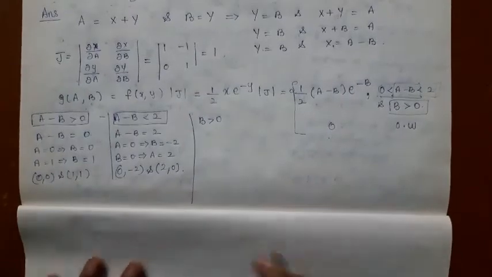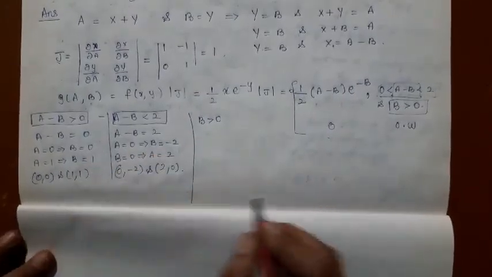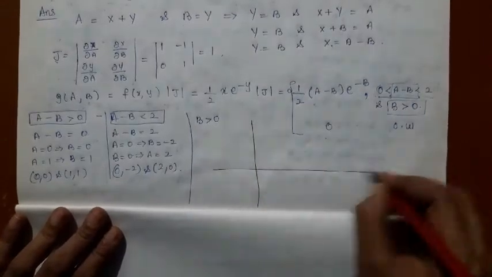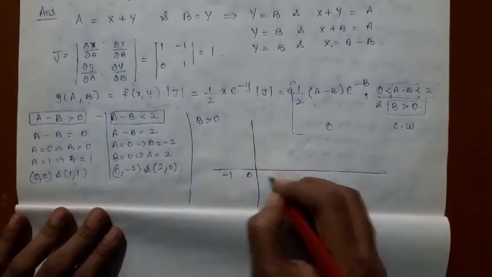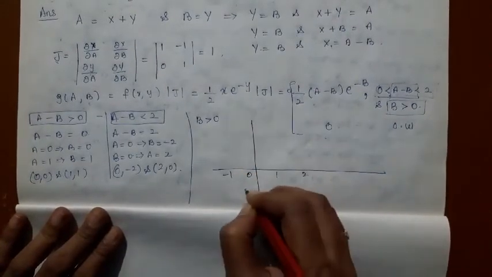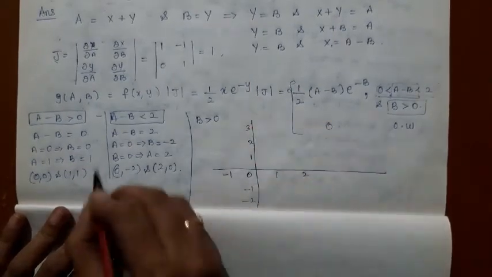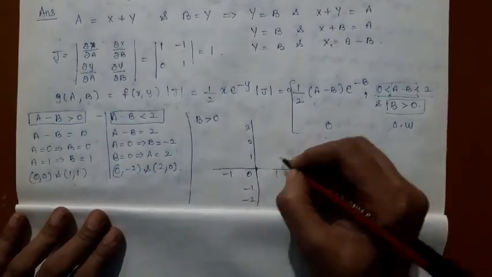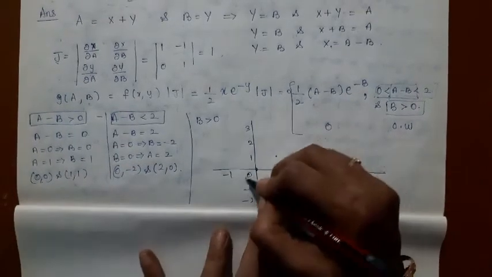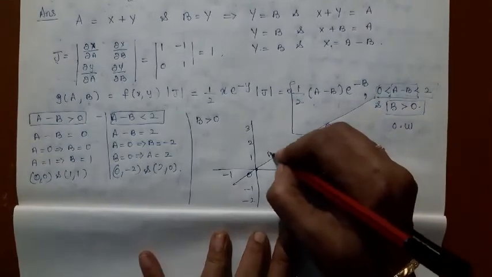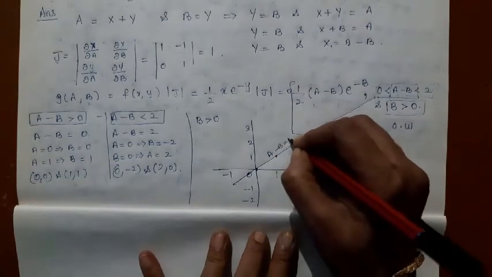See 0 comma 0 and 1 comma 1. So this is one line, and actually it is a minus b equal to 0.